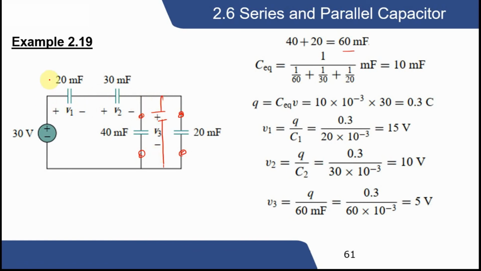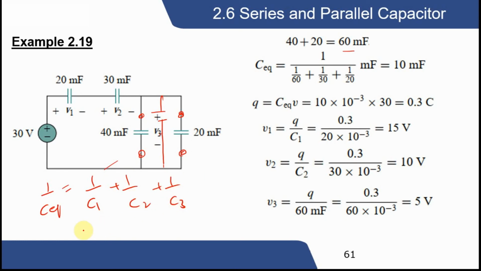So we have 20, 30 and 60. To calculate this, we have 1 over CEQ equals 1 over C1 plus 1 over C2 plus 1 over C3.